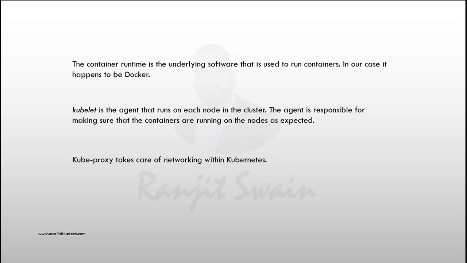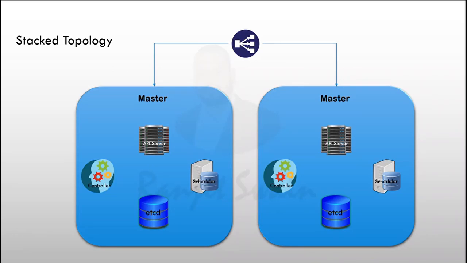And in Kubernetes, we saw the etcd database is there in the master. Okay. So there are two types of topology we are going to learn, and this is very important.